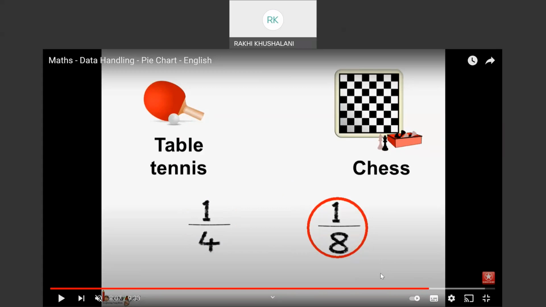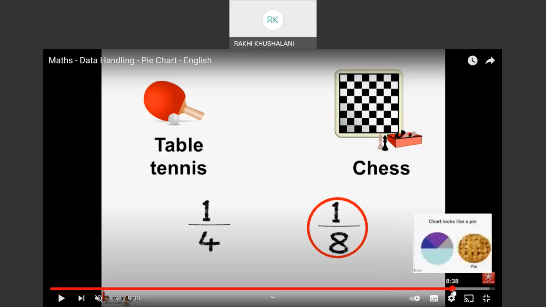I hope you all remember the fraction part, the numerator, this 1 represents the numerator and 8 represents the denominator. So jitna bada denominator, utna chota portion of the fraction. Okay, don't worry much about it. Abhi just next chapter हम लोग fractions करने वाले हैं.